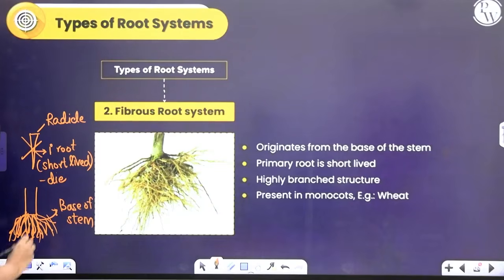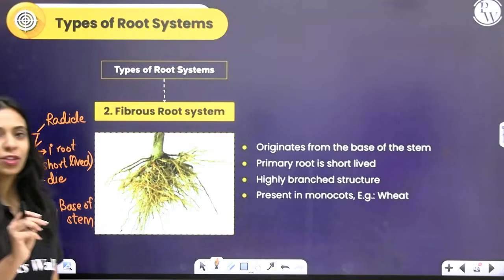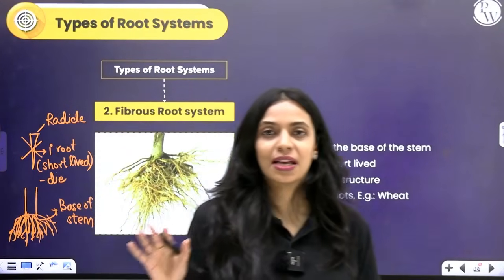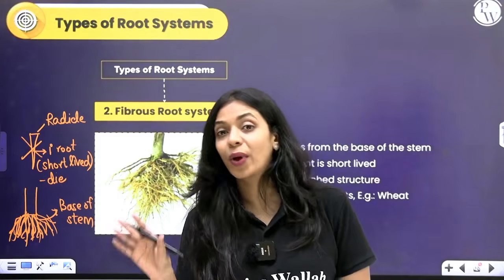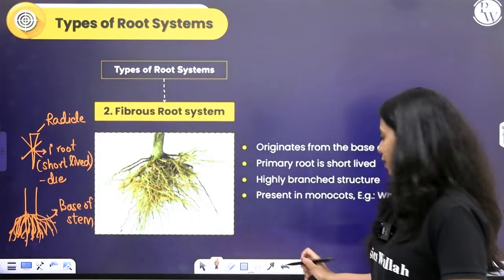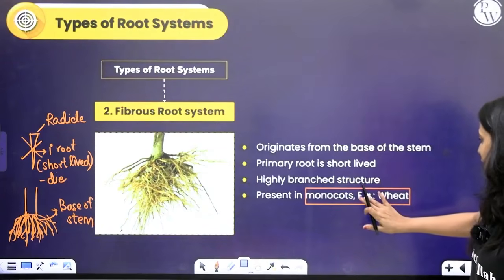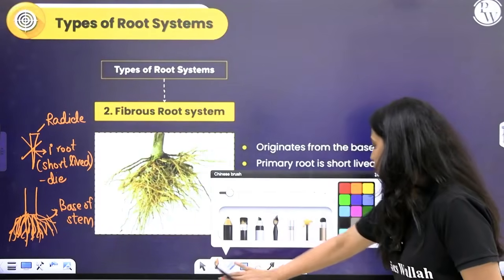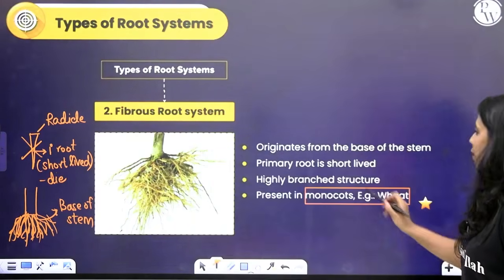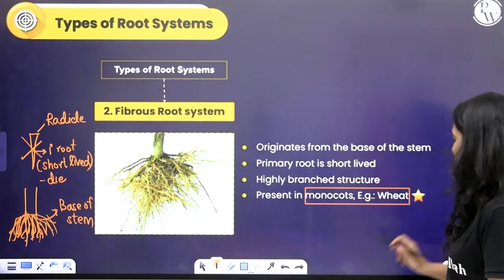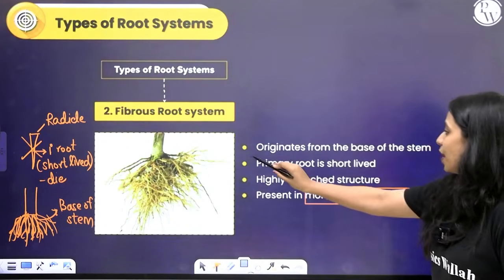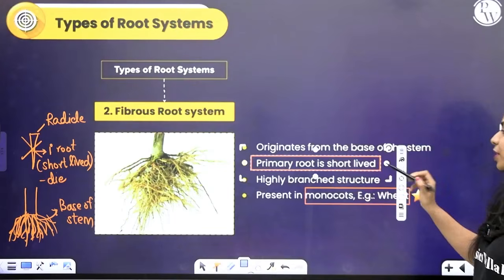In fibrous root system, if you look at the different branches, they are pretty much of the same diameter, not much difference as in the case of taproot. Where do you see such fibrous roots? You can see that in monocots like the wheat plant. This is our second example. The important point is that the primary root is formed from the radicle, but it is short-lived.